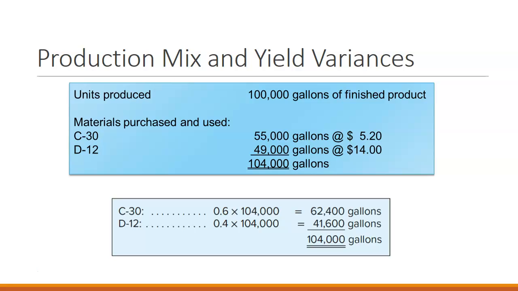So when we break that out for our 60-40 production mix, what we should have used is 62,400 gallons of C30 and 41,600 gallons of D12.